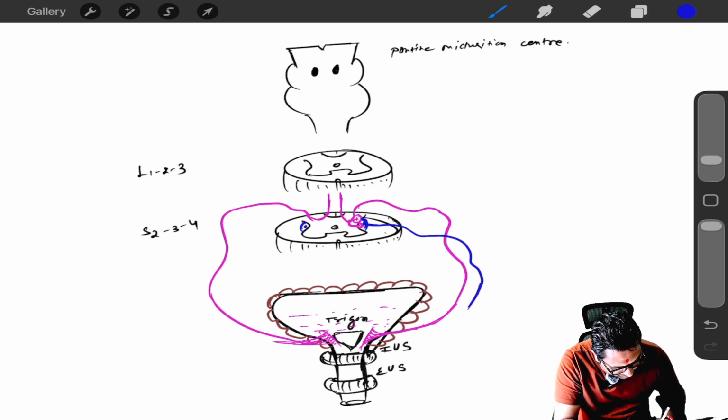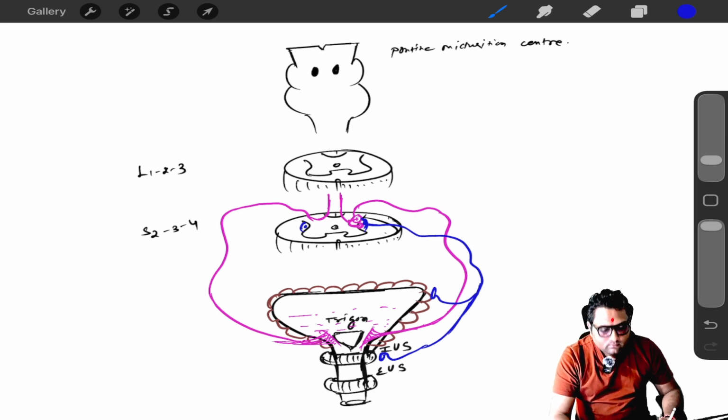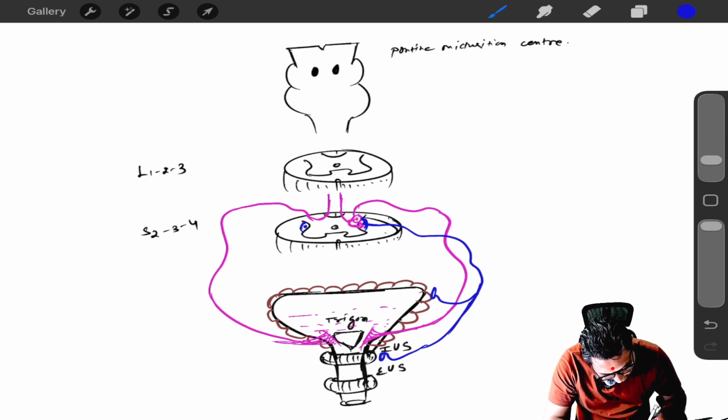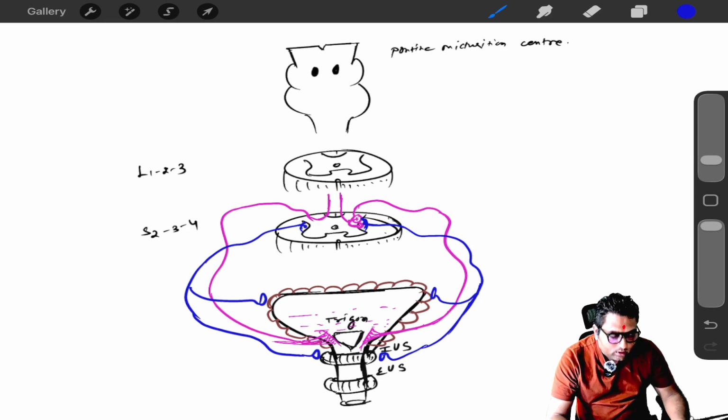These parasympathetic efferent fibers innervate the detrusor muscle as well as the internal urethral sphincter. In the same way, on this side, the fibers coming out supply the detrusor muscle as well as the internal urethral sphincter.